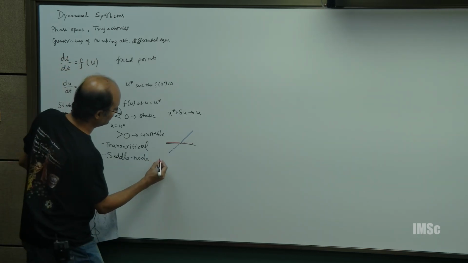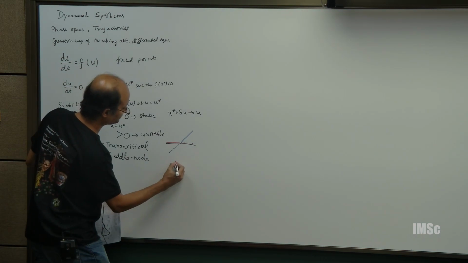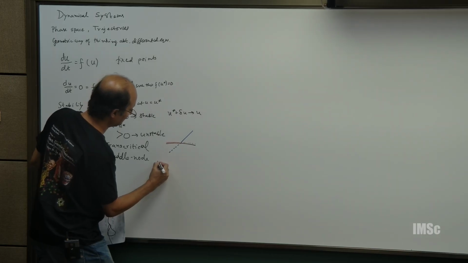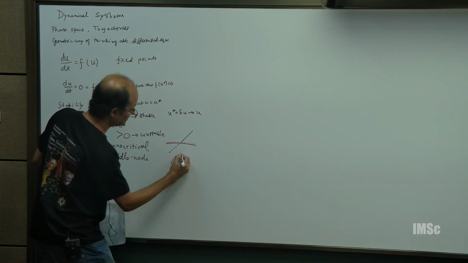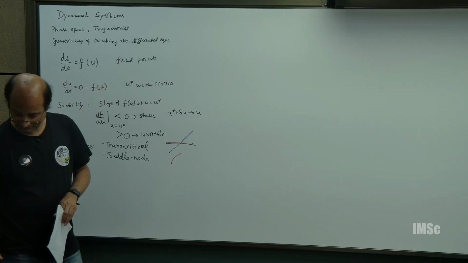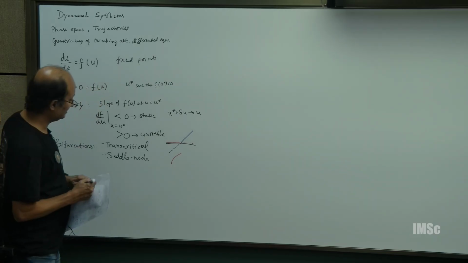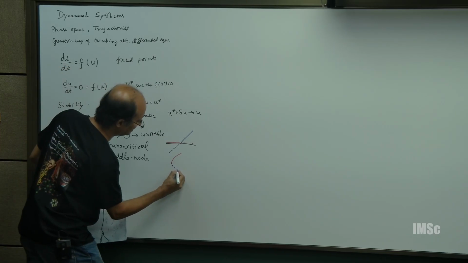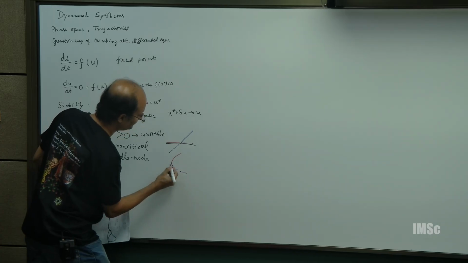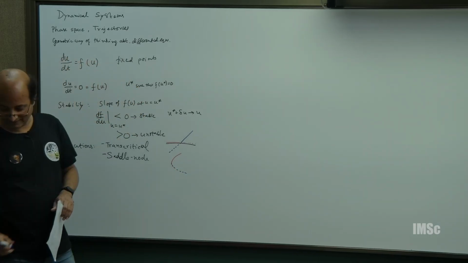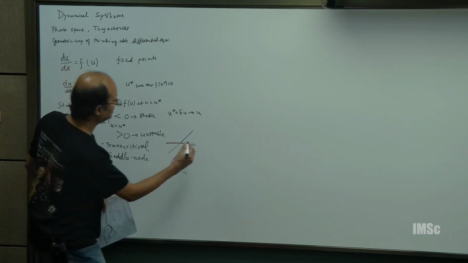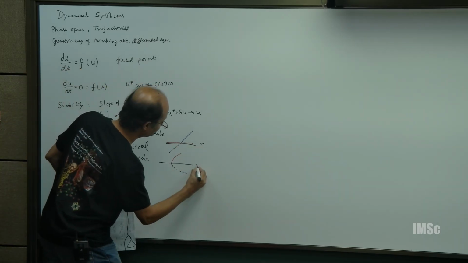In saddle node, at this point almost magically a stable and an unstable node emerge out of nothing. This is basically your parameter r.